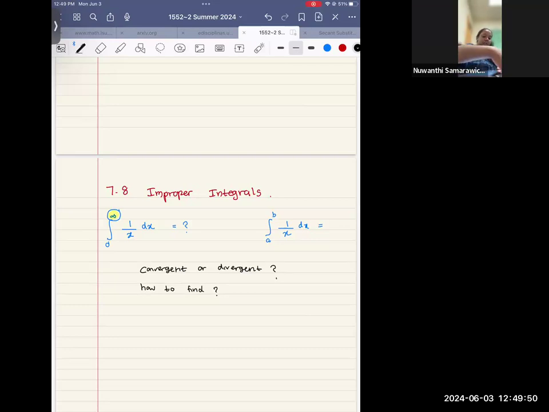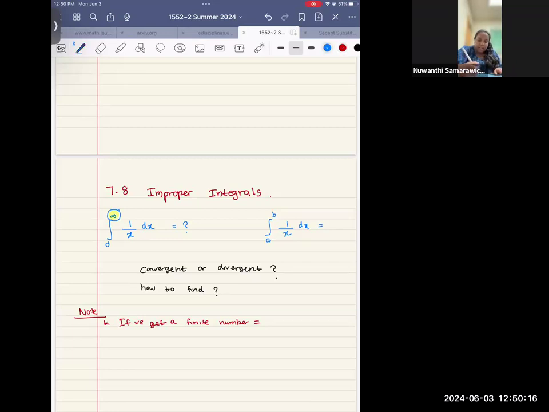When we are finding the integration, if we get a finite number, then we say that this whole integration is convergent.